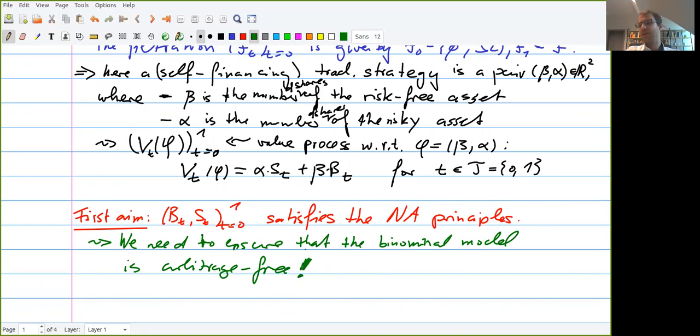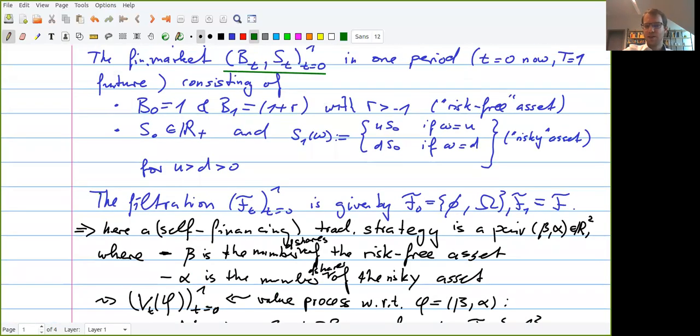This might not be the case, because it will depend on the parameters we have in the model, right?